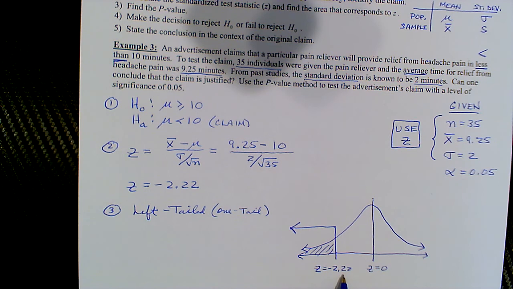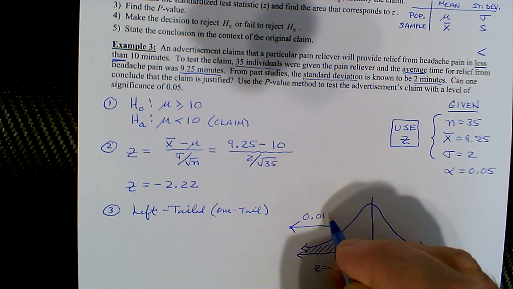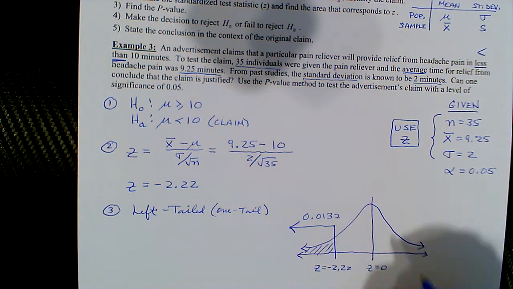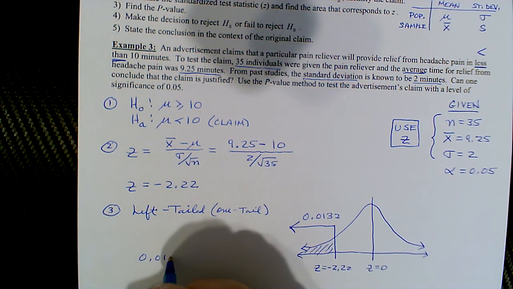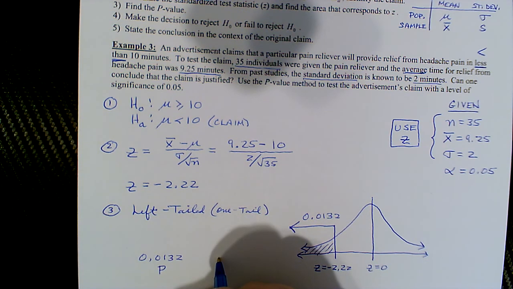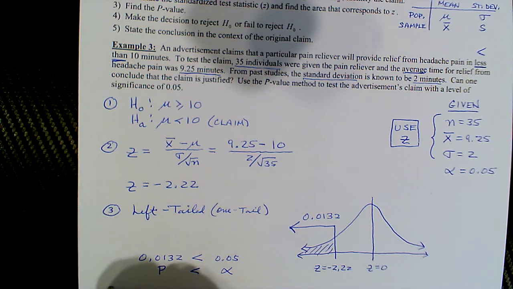What's shaded is the p-value, and fortunately that's the left cumulative area, which if we look up negative 2.22 in table 4, we see 0.0132, and so 0.0132 is p. Compare that to alpha, which was 0.05, and p is less than alpha, and so the next step is the fourth step, which is our decision.